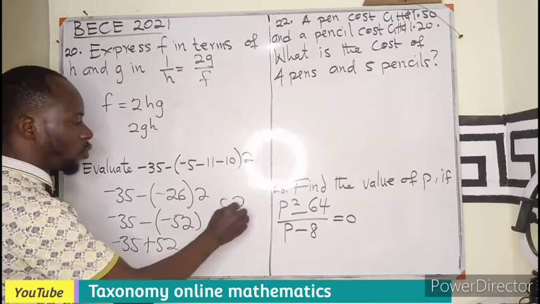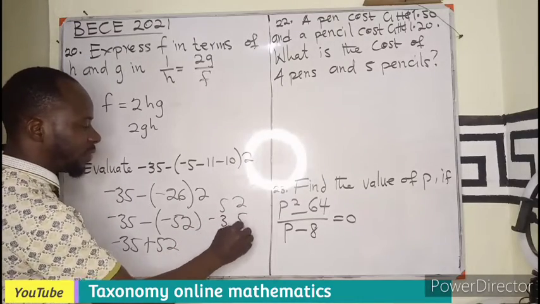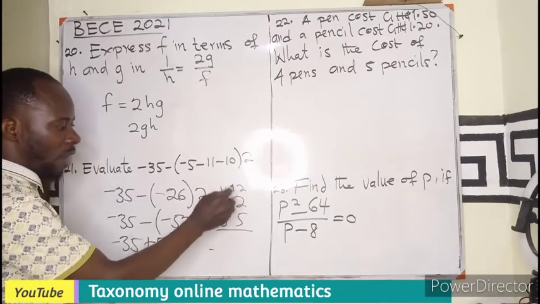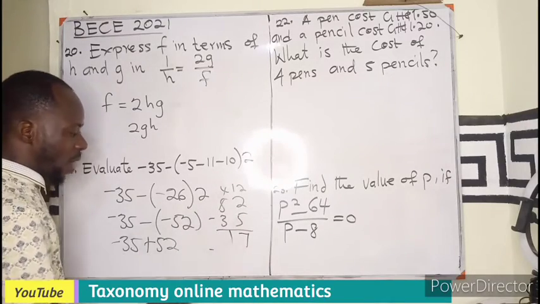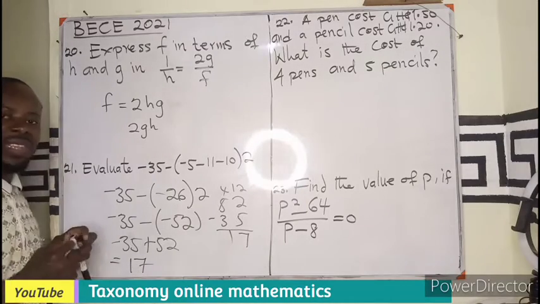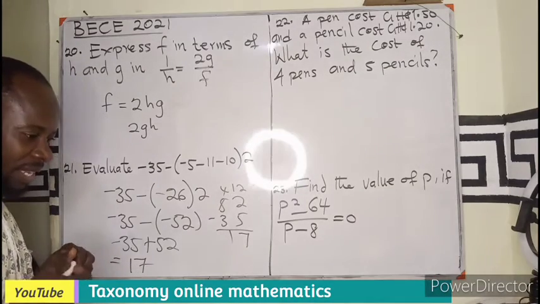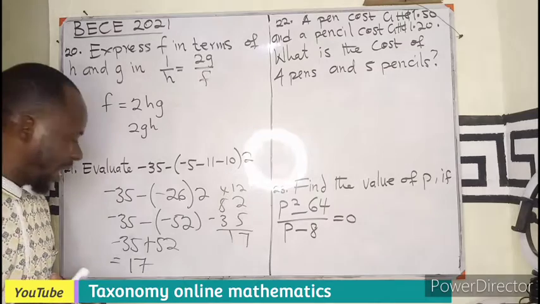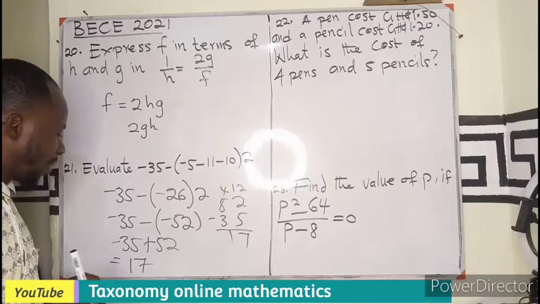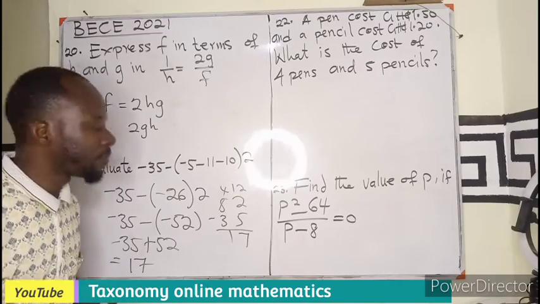So 52 minus 35, I believe this will be 17 by borrowing. So I have 7, then I have 1. So our answer is just going to be positive 17. Positive 17, and per our question paper, that will be option D. Option D will be our possible answer.